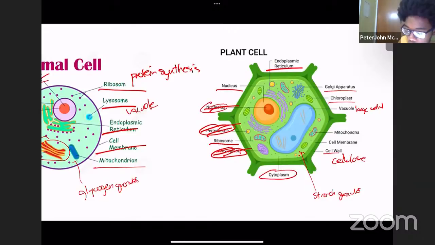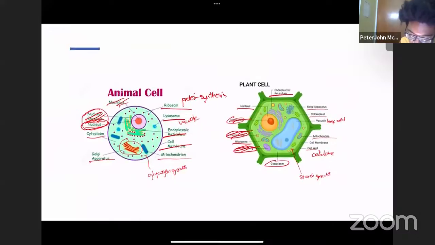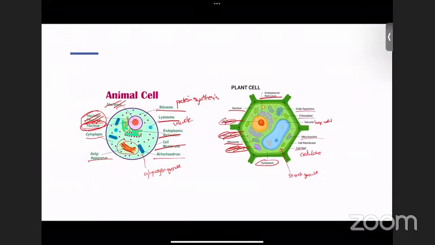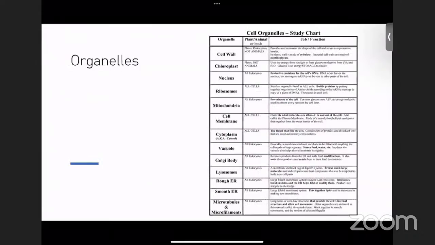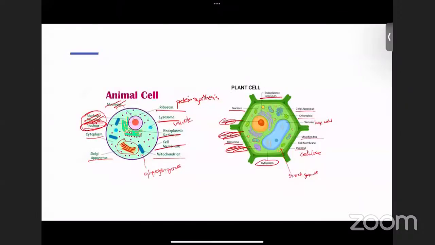Function of the mitochondria. Site of aerobic respiration. Yeah, cool. Nice. Can you go back for me? All right, these are just the functions. So if you want to take a picture of it, you can.